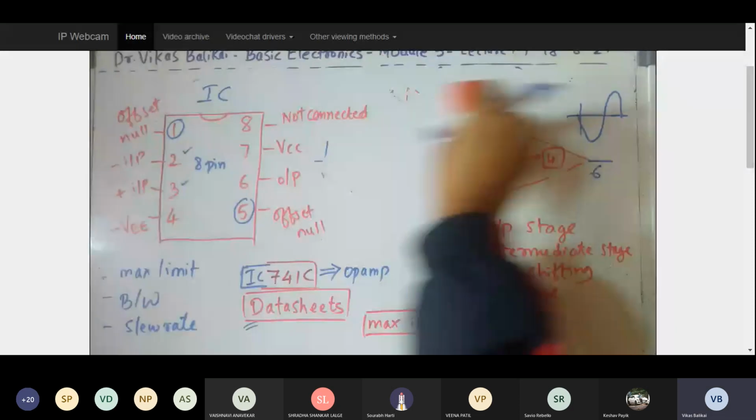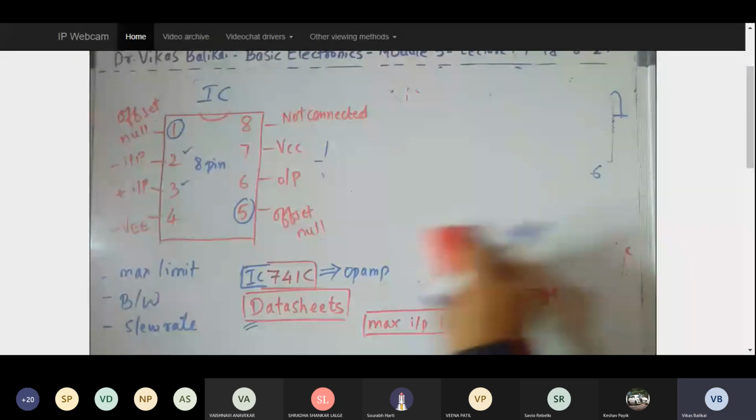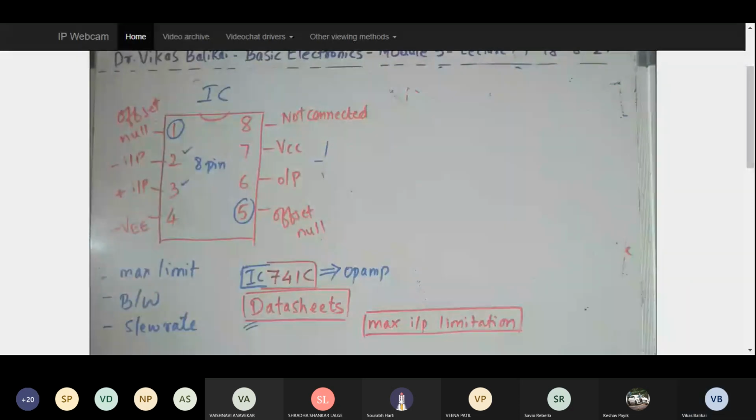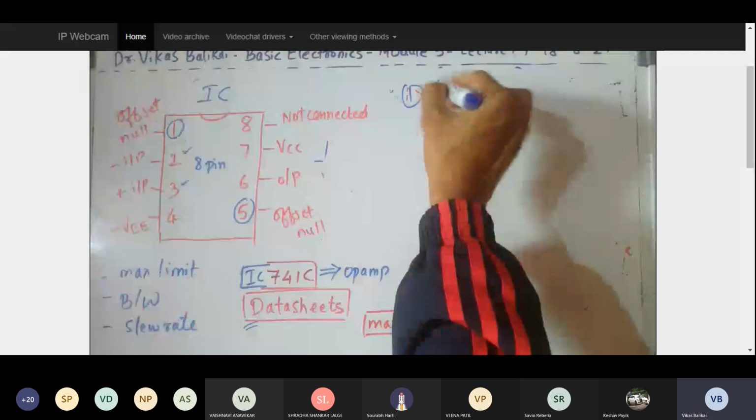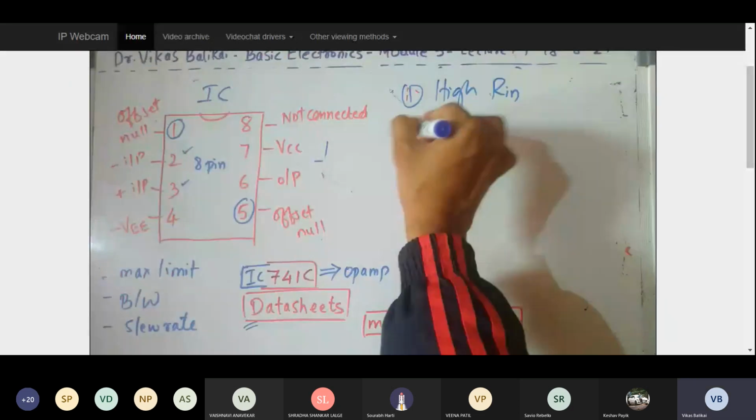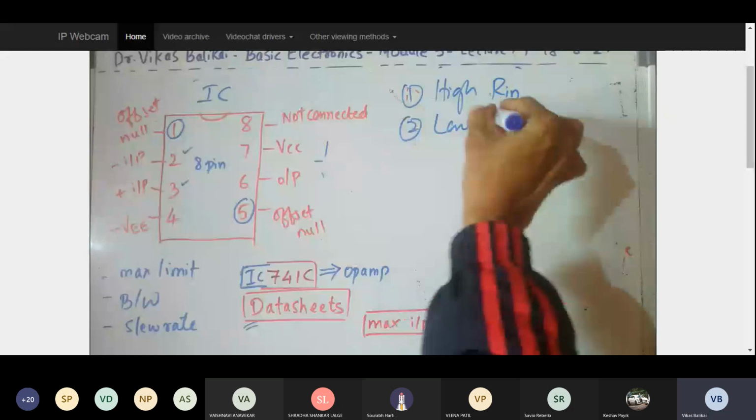So the first 2 characteristics, which we have already mentioned, are high input resistance and low output resistance. These are the first 2 characteristics which we have already seen.